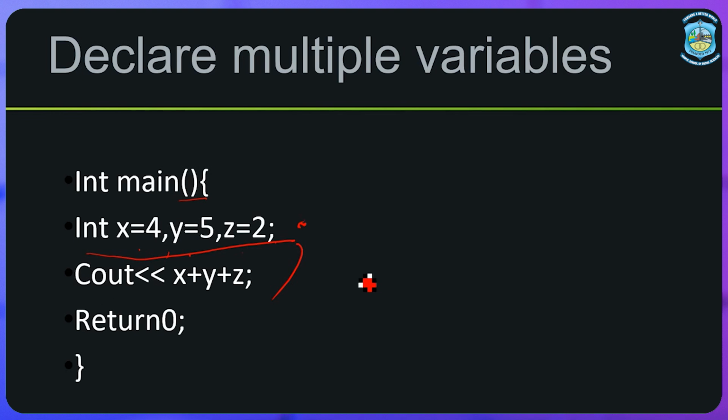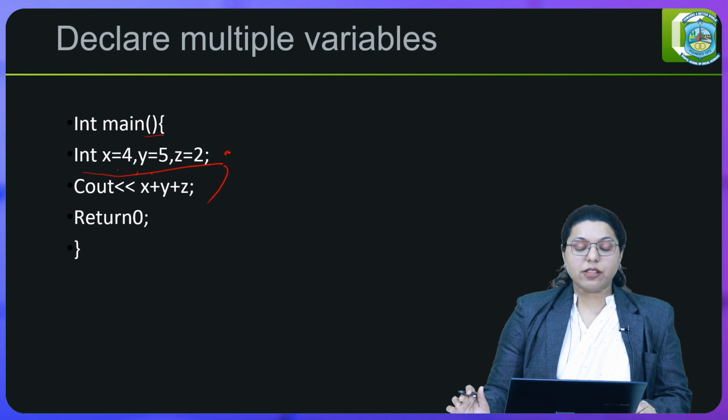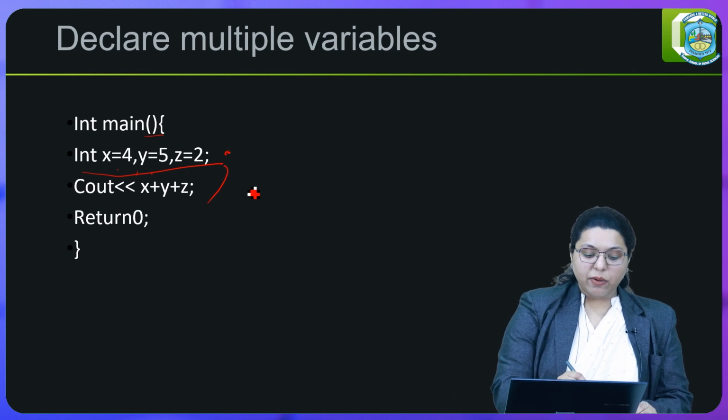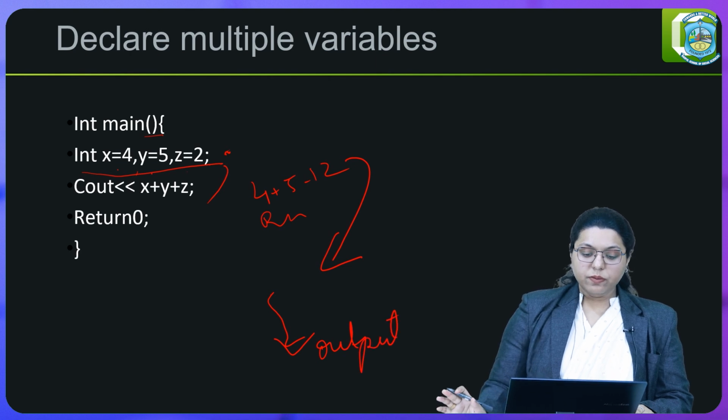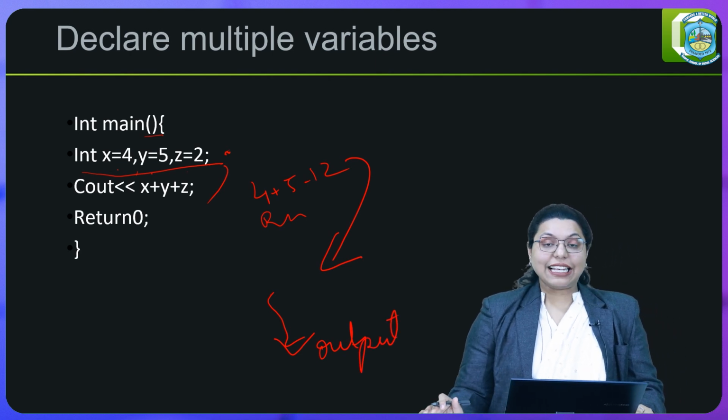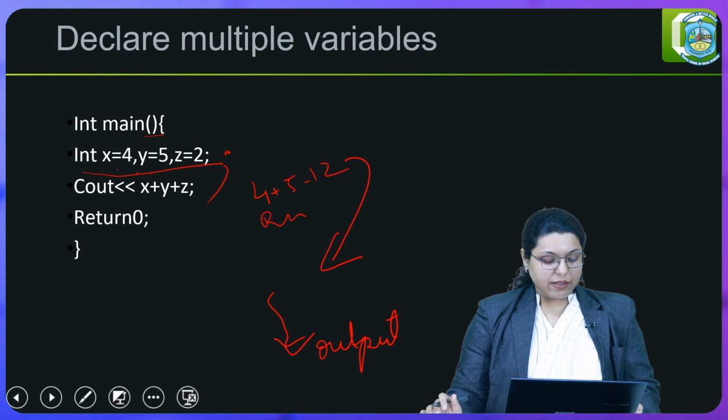And then the next line is cout x plus y plus z, and return 0. x plus y plus z will be 4 plus 5 plus 2, and this will be calculated and given as the output. So, this was all about declaring multiple variables.